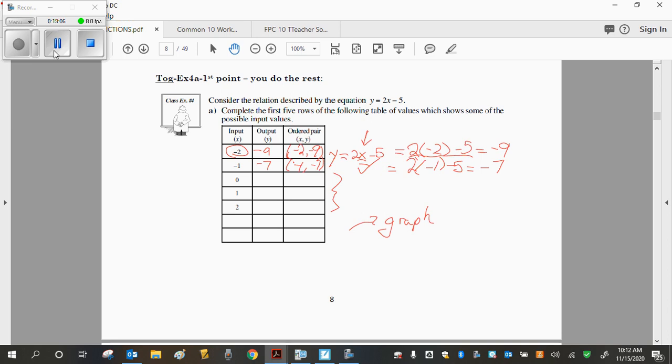Okay, pause this, please. And go ahead and follow B, which I just told you to do, and C, connect the dots and draw arrows at both ends.